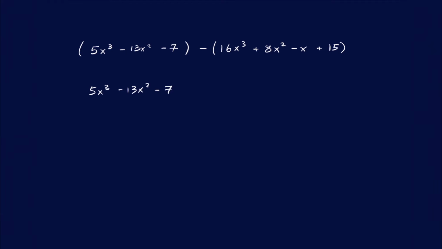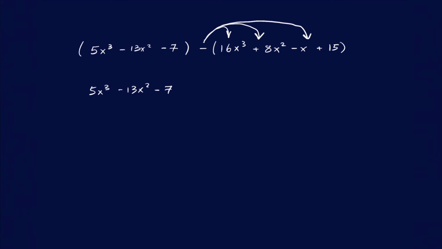And now a common mistake would be to just subtract 16x cubed, subtract 8x squared, subtract x, and then subtract 15. But this is actually incorrect. That's because we have to use the distributive property from before and distribute this negative sign into every term inside of the brackets, all right?